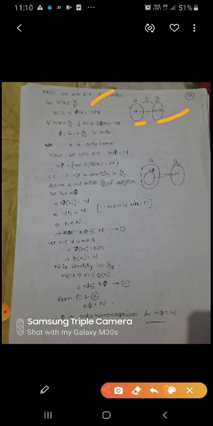Now we will prove that ker φ = N. Ker φ means kernel of φ, the set of x belongs to G such that φ(x) = N, that is, capital N equal to Ne is the identity in G/N.